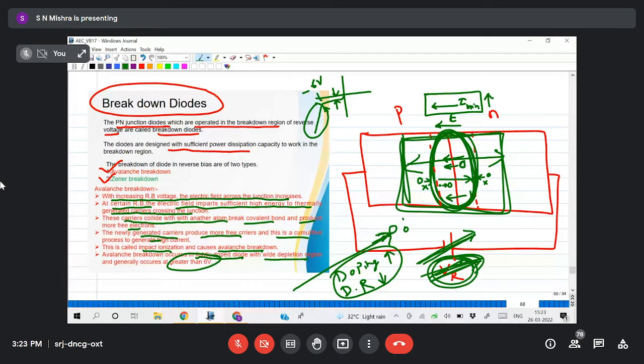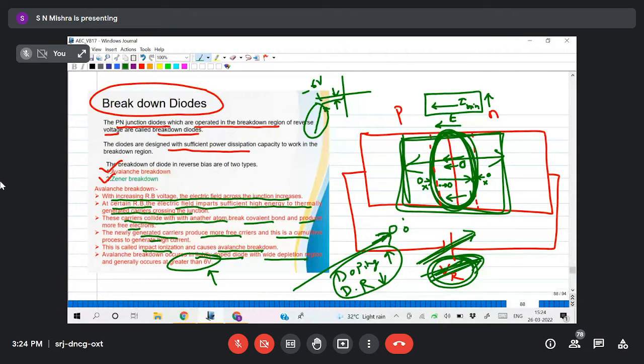It occurs in lightly doped diodes, where the depletion region is wider, or we can say the P side and N side depletion regions penetrate more compared to the heavily doped side. And it occurs at greater than 6 volt. So these 4-5 points you can remember to describe this.